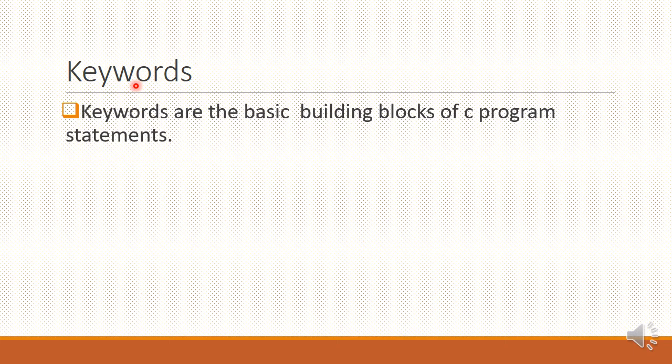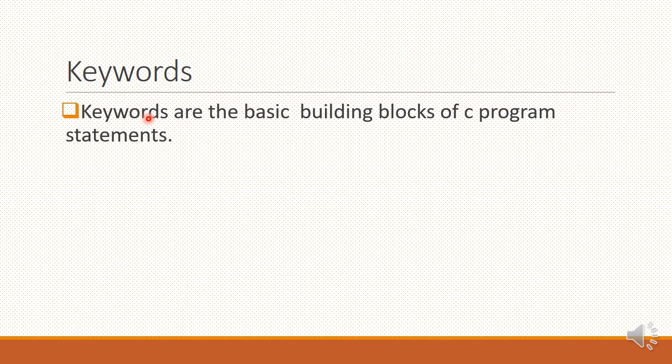Keywords are reserved words that cannot be changed by the user. You cannot change the meaning or the spelling of those keywords. It is very, very important. And just now in the previous slide, you studied that these keywords cannot be taken as identifiers.